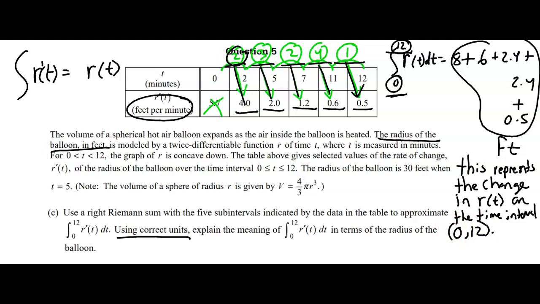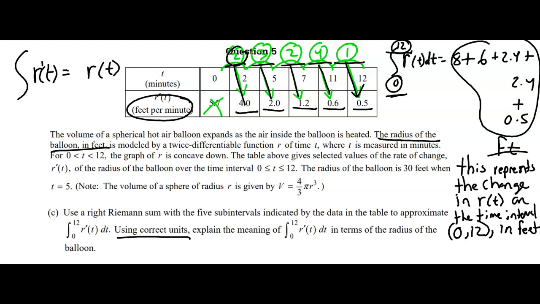All right, and that's pretty much it. So this represents how much the radius changed on the time interval from 0 to 12, and we should probably put in there in feet, although I did put my answer there already for the units.